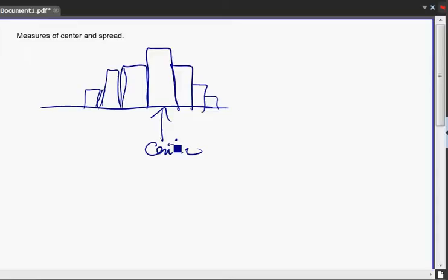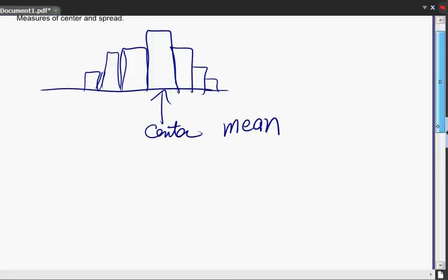Well, of course, we're going to describe that center with a number, and what do you think that number is going to be called? A mean. A mean. Okay.